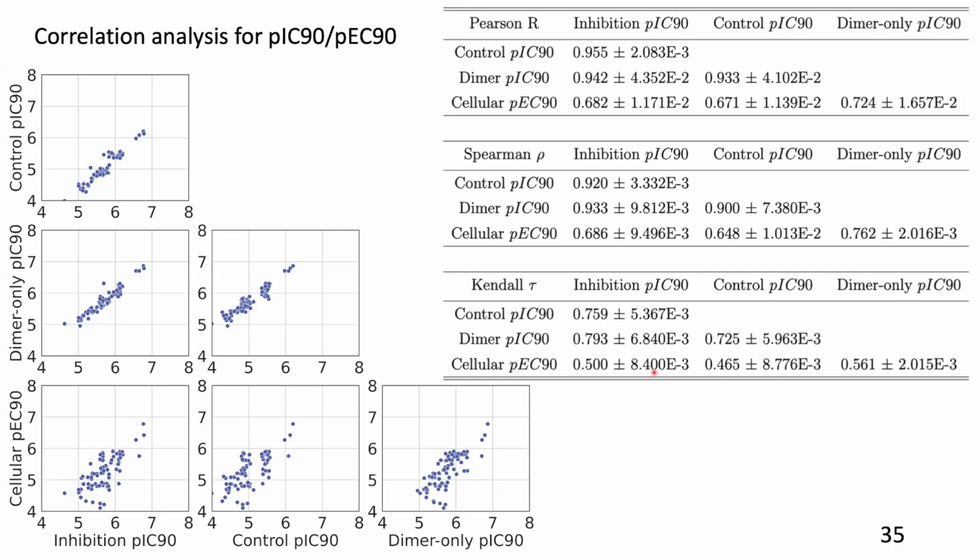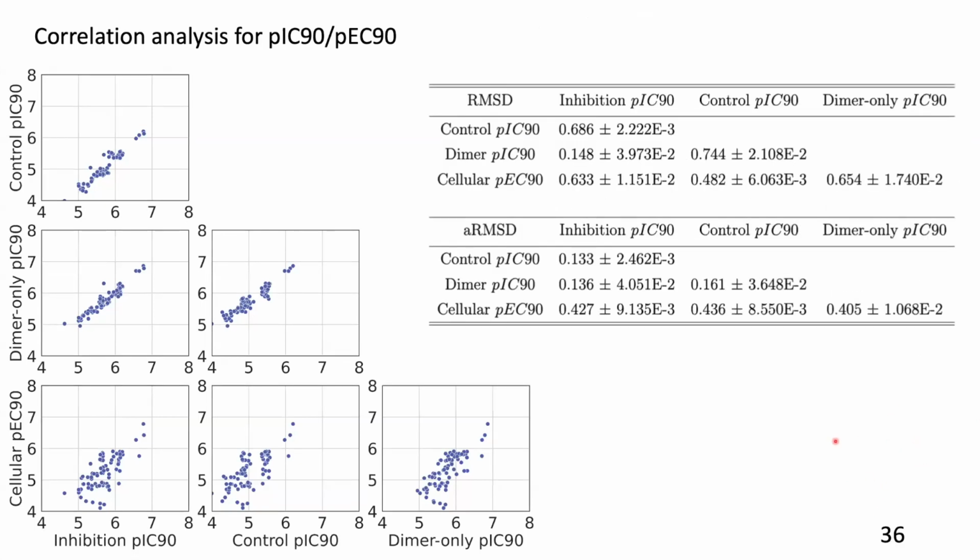In this case, we see that there's a better correlation between PIC90 and cellular PEC90 from the Pearson R, as well as these rank correlation metrics, and in terms of error as well. Although, again, we see that the effect is statistically significant, but not so dramatic that it's not useful to use the other data fitting procedures.